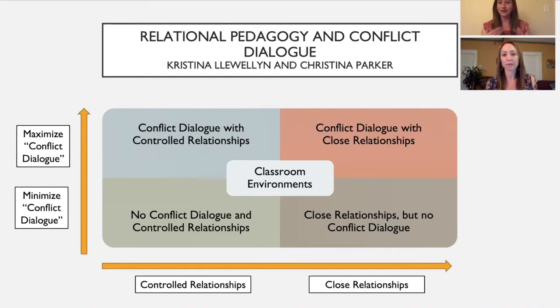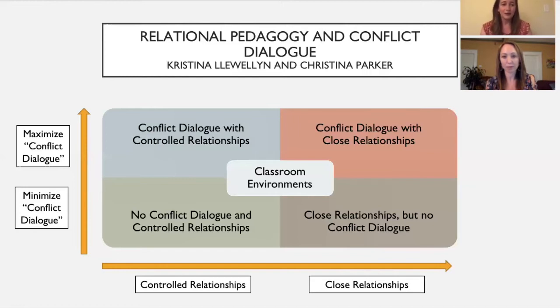It can either minimize or maximize conflict dialogue, and it can either have controlled relationships where there's not a lot of dialogue, not a lot of back and forth, not a lot of getting to know each other as people, or it can have really close relationships where we're having that chance to see and value and hear from each other as individuals and bring our experiences into the classroom. So you can have 4 different combinations of these factors.